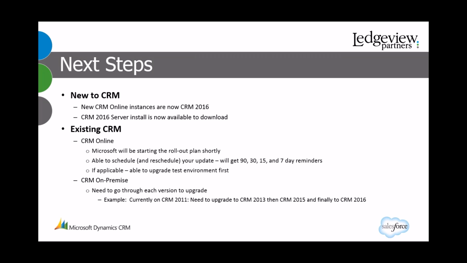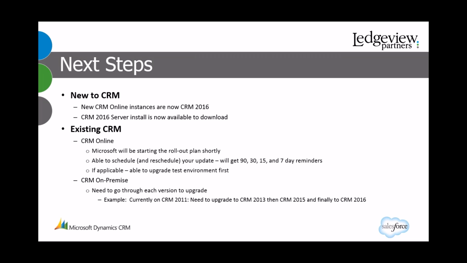For existing CRM Online users, if you're on 2015 and you haven't gone through this process, or anyone that's been on any of the upgrades currently for CRM Online, the experience is going to be exactly the same as what you had before. Microsoft will be rolling out some dates that they're planning to upgrade your environment soon.